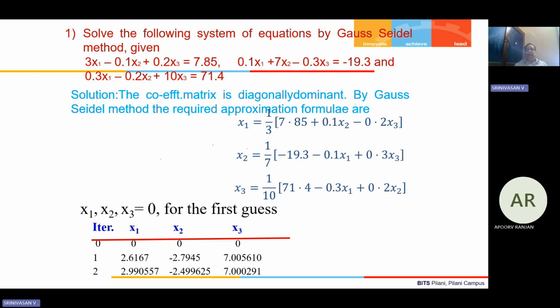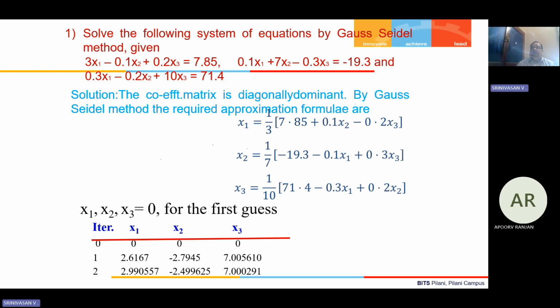So you have minus 19.3 minus 0.2617, which is about minus 19.5617. Divide it by 7, and you get minus 2.7945.